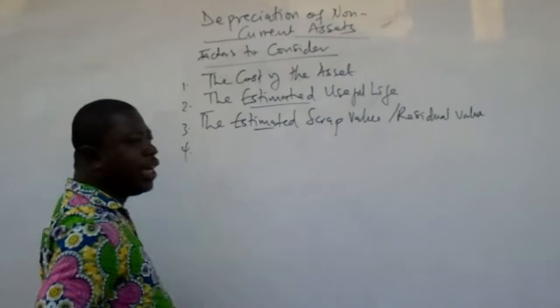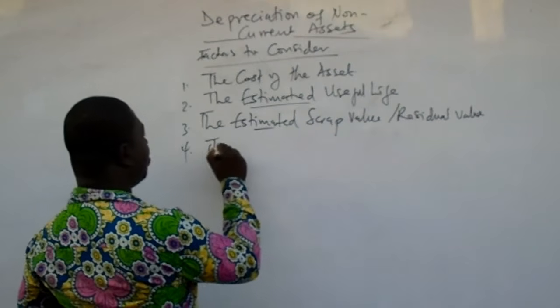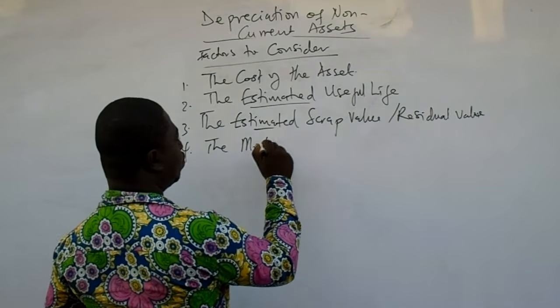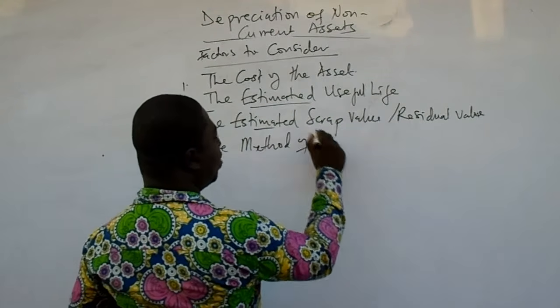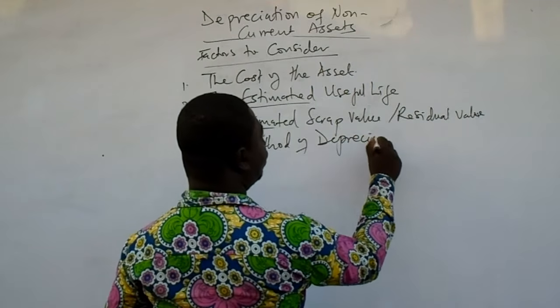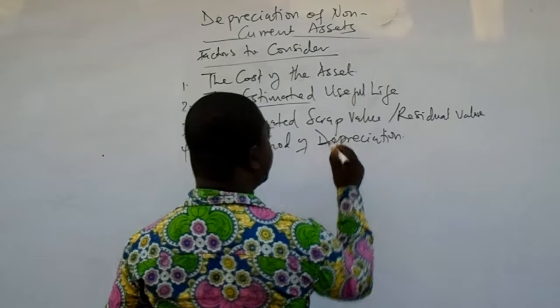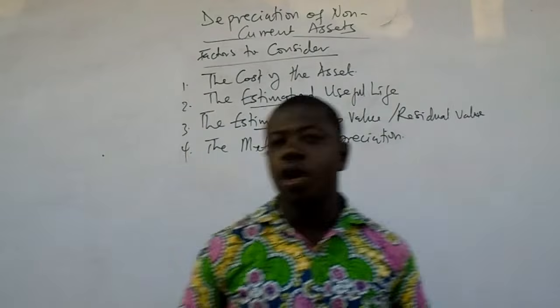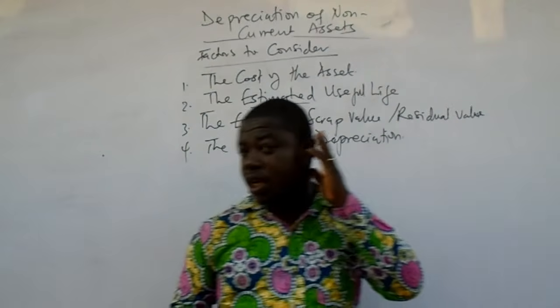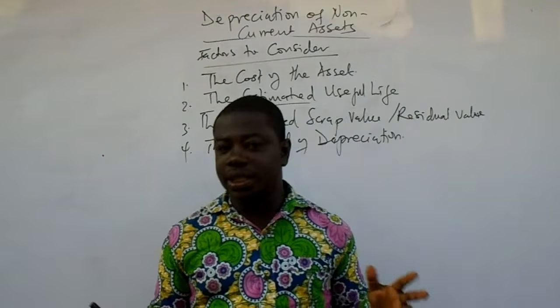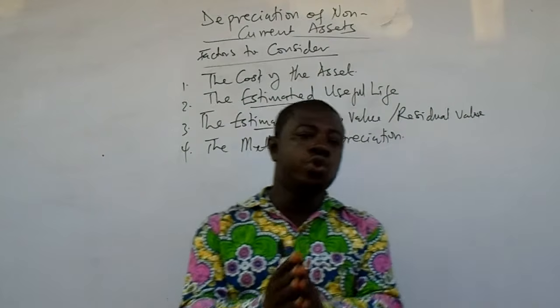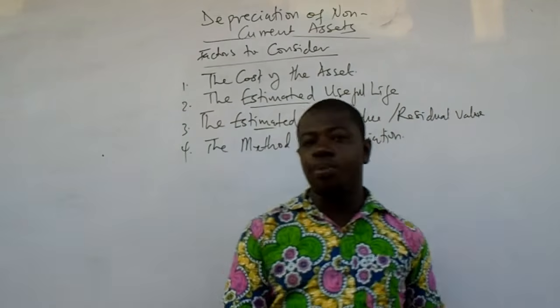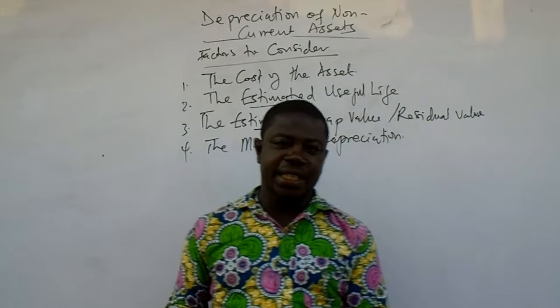And then finally, we should also consider the method of depreciation. And so there are so many methods of depreciation. The most important thing is that the organization should choose one that will best suit their operations and the nature of the asset.